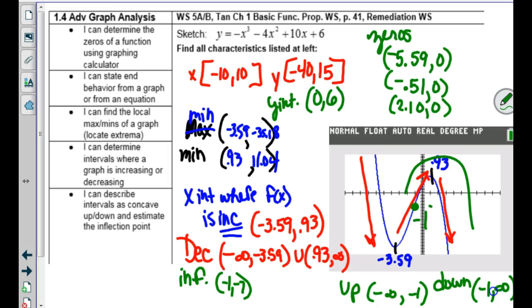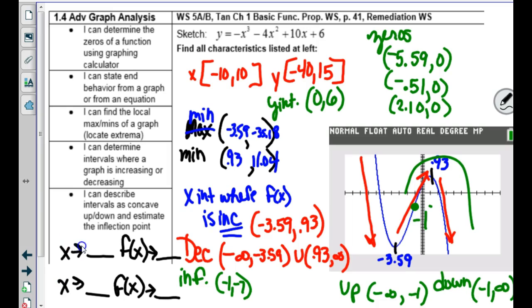End behavior we didn't do. It might be written out for you like this. I can't remember. So what do you have to remember to do? You want to say one of these x's needs to be negative and one needs to be positive, right? Because you're saying left end, right end. Okay, left end is doing what?